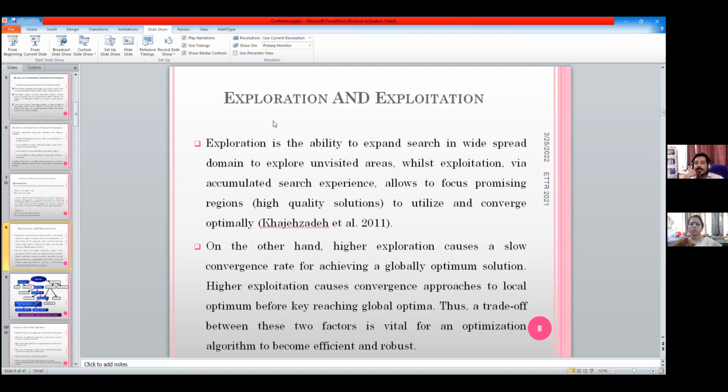After searching the entire room, we may find some points where the optimum may be. You can find five or six potential solutions. Then near those potential solutions, you have to search further to see whether there are better values or not. Searching the entire area is called exploration, and searching near a potential optimal solution is called exploitation.